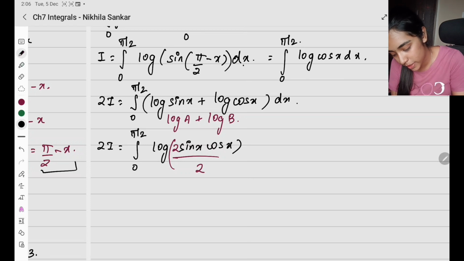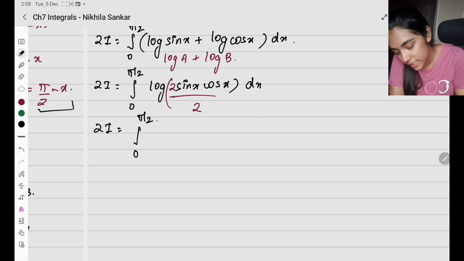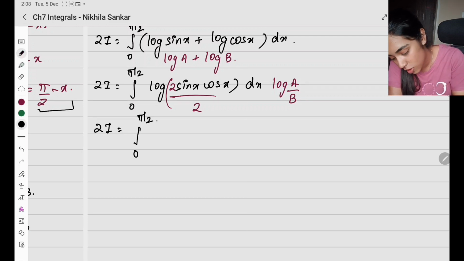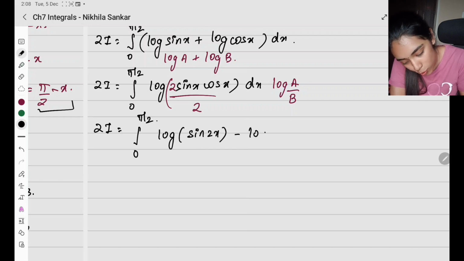Sin 2x is going to be 2 sin x cos x. So this is nothing but 2I equals 0 to pi by 2. This is now of the form log a divided by log b, log of a by b, which can be written as log of a minus b. Which one? So log of 2 sin x cos x is nothing but sin 2x, minus log of 2, is it there or not? So log of 2 times dx.